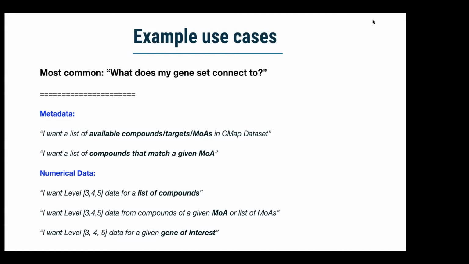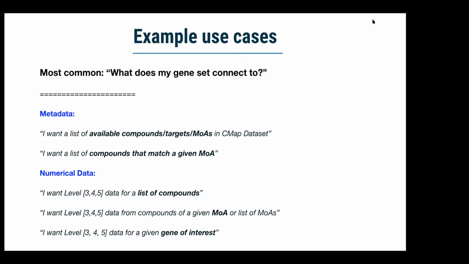But we've also got a whole bunch of metadata surrounding these experiments. And so common use cases there might be asking what compounds and mechanisms are available in the CMap data set. What are all the compounds that have a certain mechanism? And once you have those answers in hand, you might then want all of the numerical data for that set of compounds across multiple different data levels, including normalized, differential, and then replicate collapse data, so levels 3, 4, and 5 in our common vernacular.